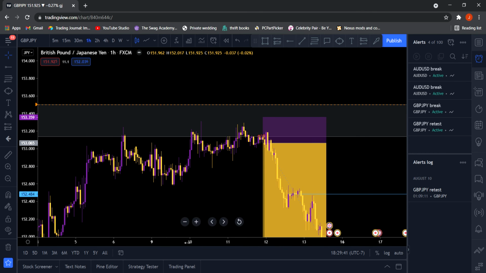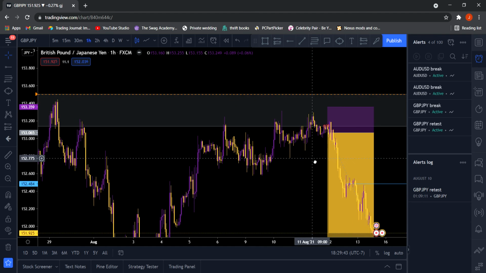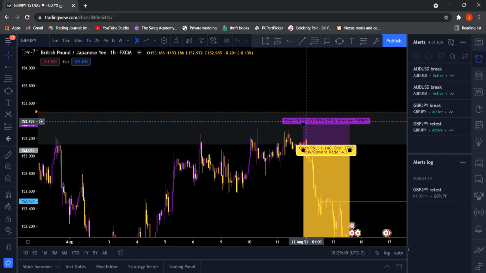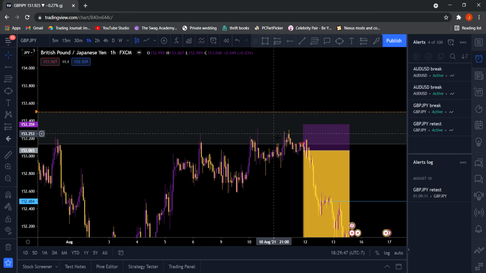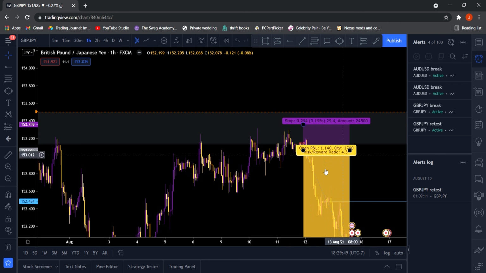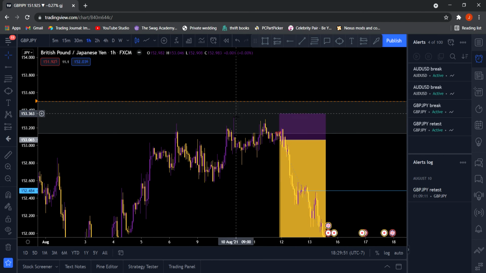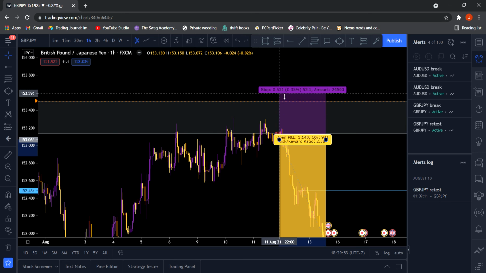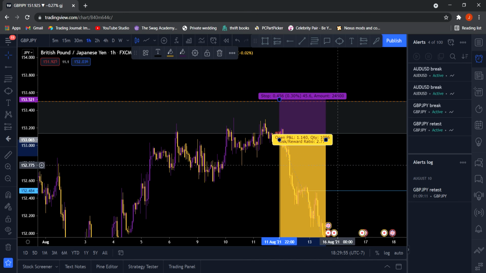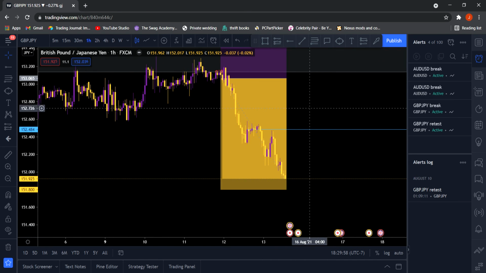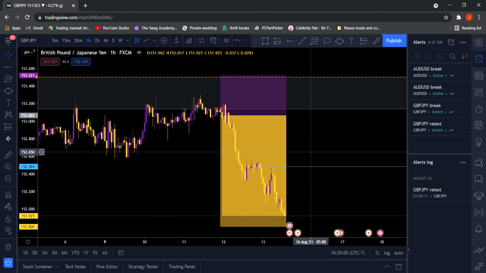But I know price can still wick anywhere in this area, so I just put it up here. But yeah, that's just me. That's the entry, stop loss, take profit.